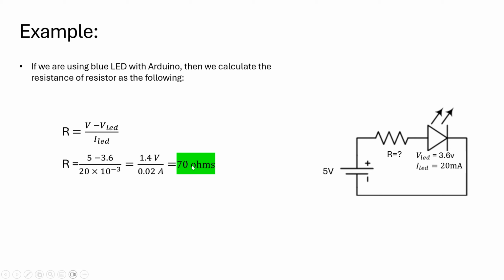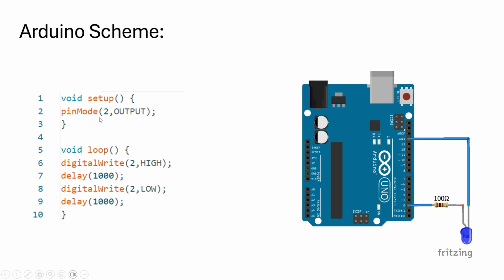But in our practical circuit, I'm going to use 100 ohm because I don't have 70 ohm. Here is our scheme. We have an Arduino Uno chip. Here I connected, as I said, a 100 ohm resistor.